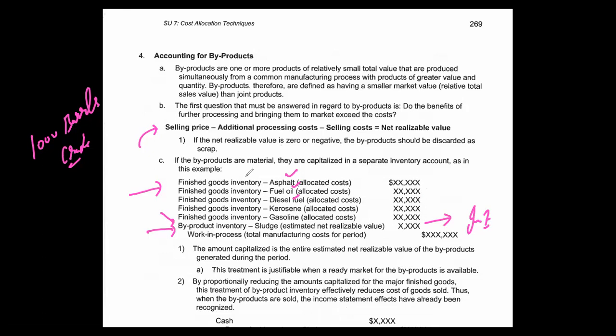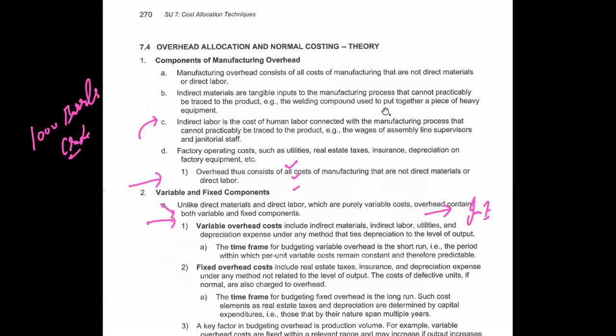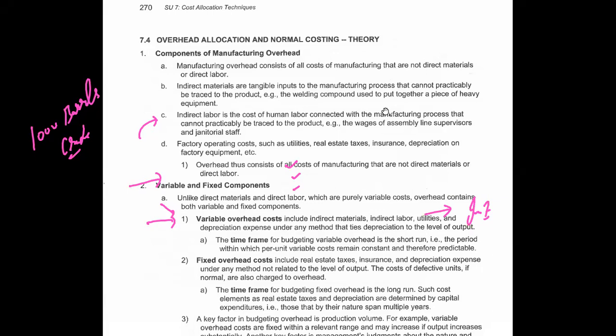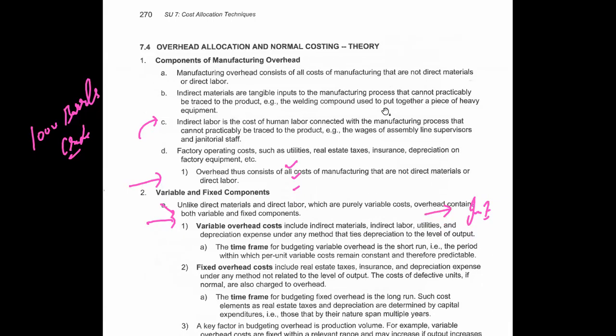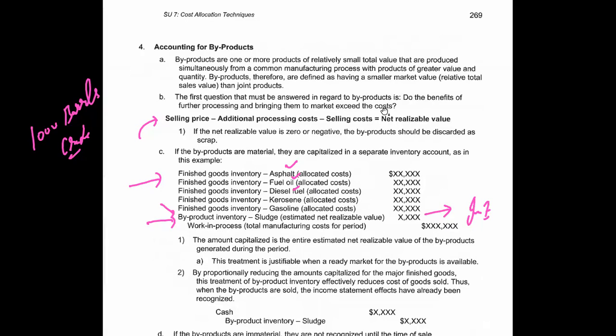So all the inventory is debit, and at the same time the byproduct is also recorded as inventory, with the total amount for all the products credited to work in process. This is the treatment when we have a reasonable estimate about the net realizable value. When we sell this product, you simply record cash debit and byproduct inventory credit. This is the entry at the time you sell the product.